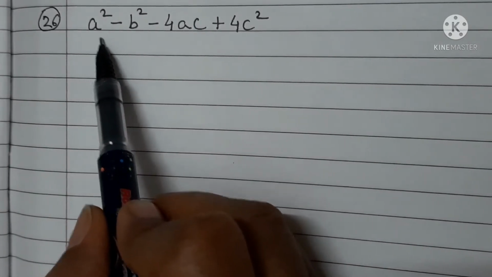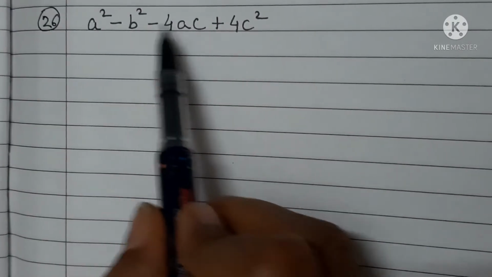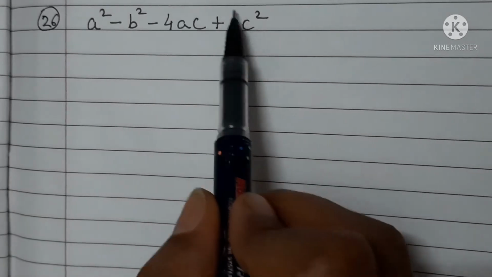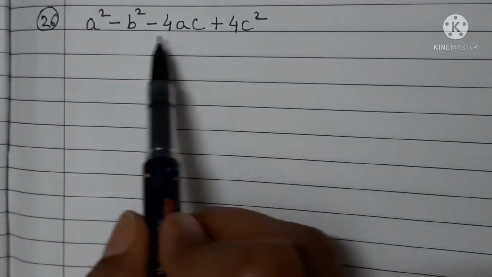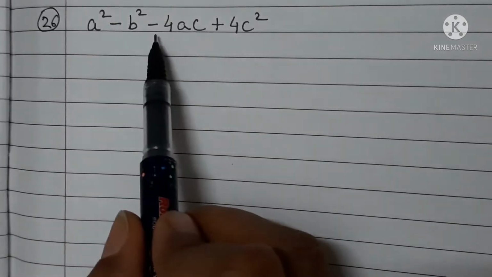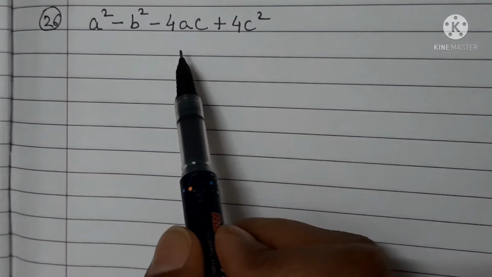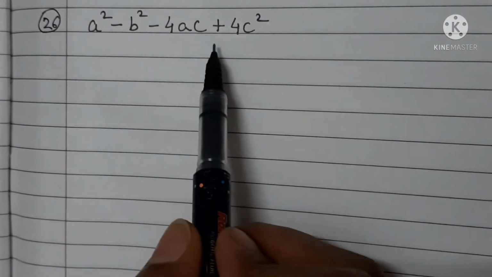And making these two a group you will take a common, and here b and c, so these two groups will not have the same factors as you make a group a square minus 4ac. So the grouping method is not suitable for this question.